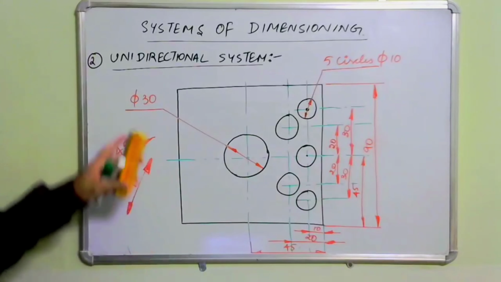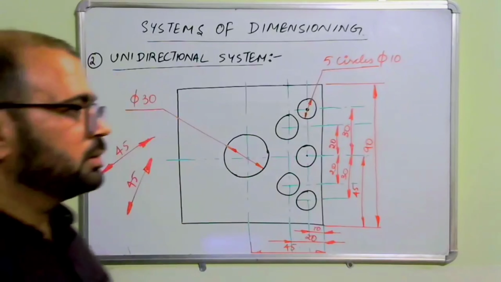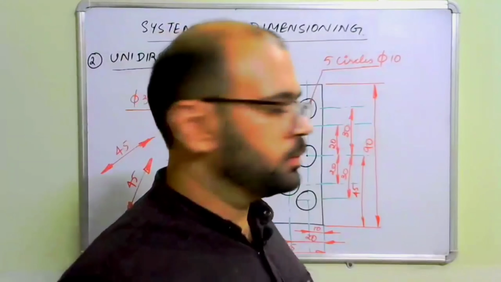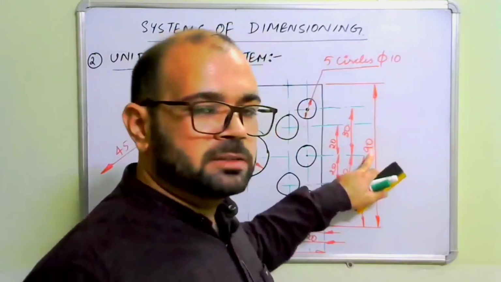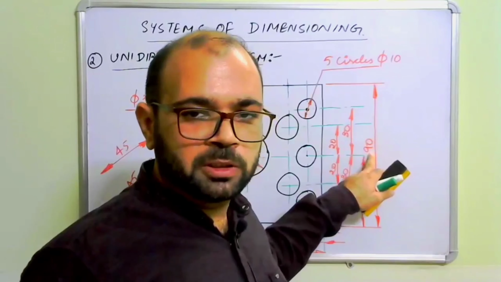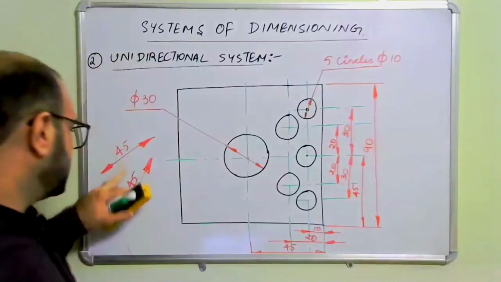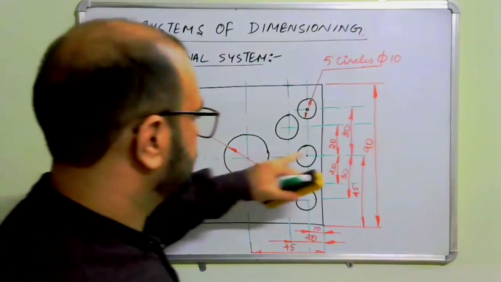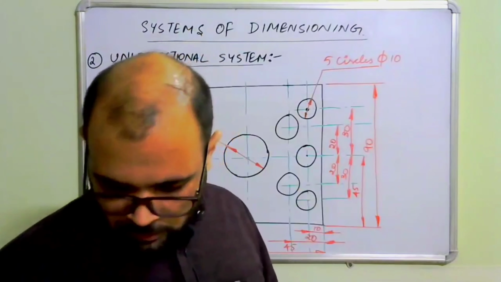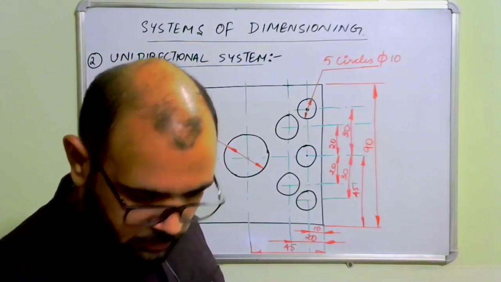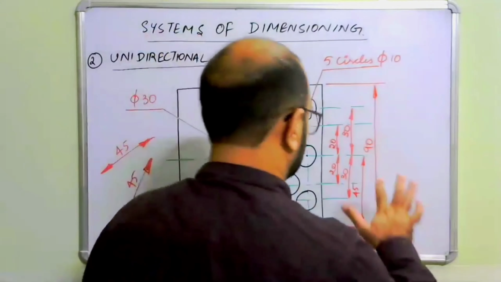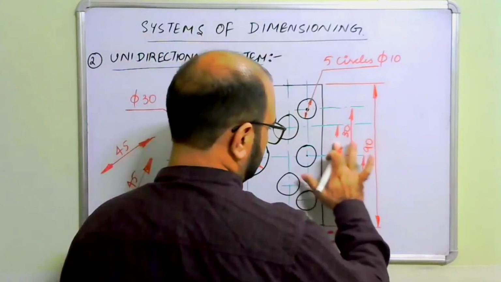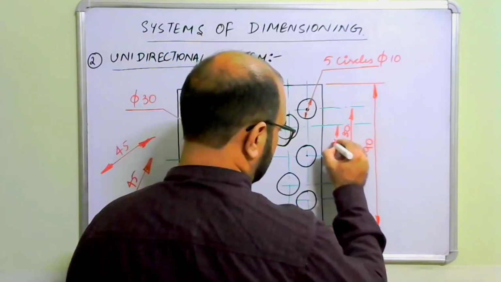As the name indicates, unidirectional means in a single direction. The direction of these measurements that you are writing is not changing now, like it was changing here with the inclination of these dimension lines. So what will be the change then? Here, it will become like this.